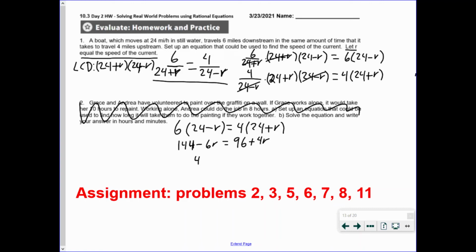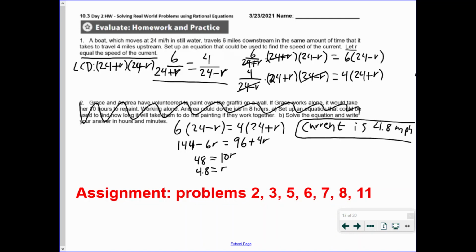I get that 48 equals 10r, or 4.8 equals r. So the speed of the current is 4.8 miles per hour. And that's how you do number 1 when you talk about upstream versus downstream.